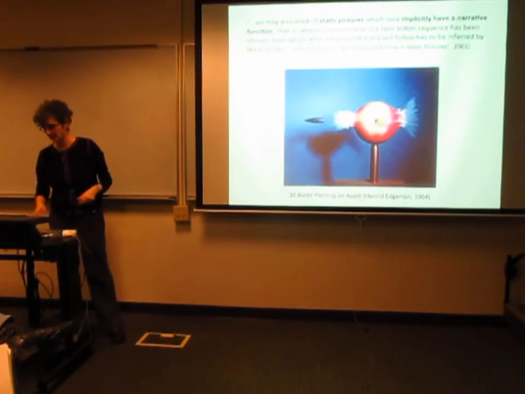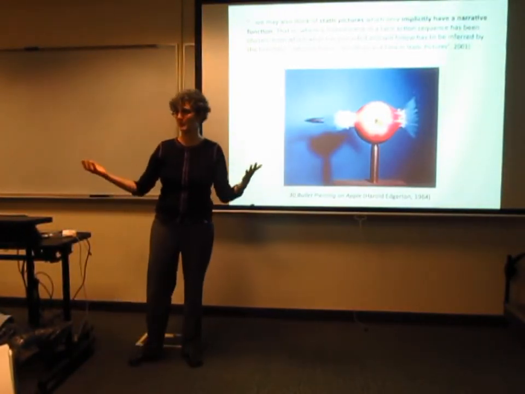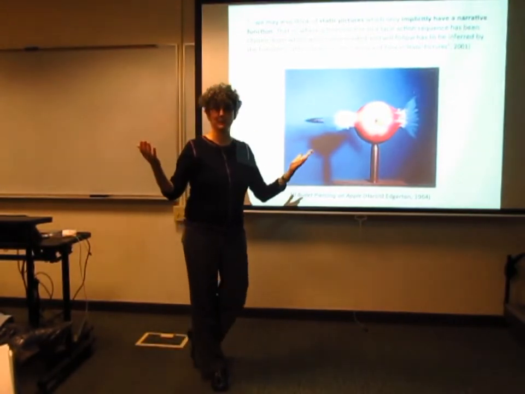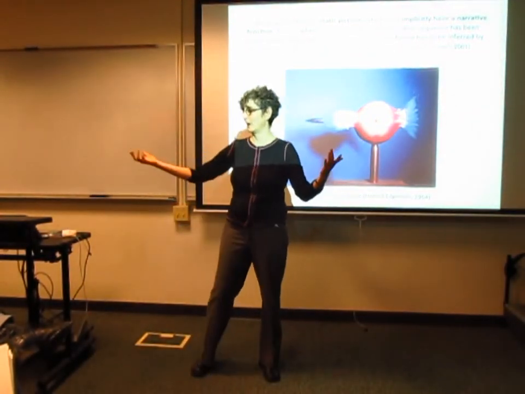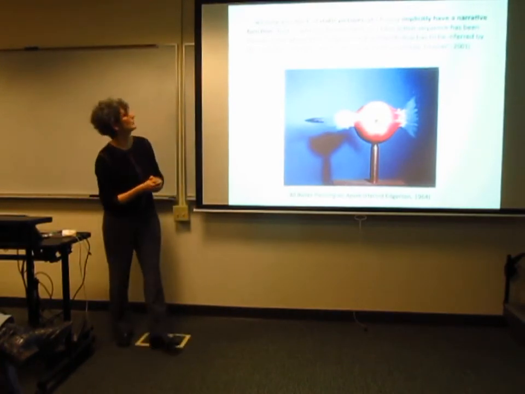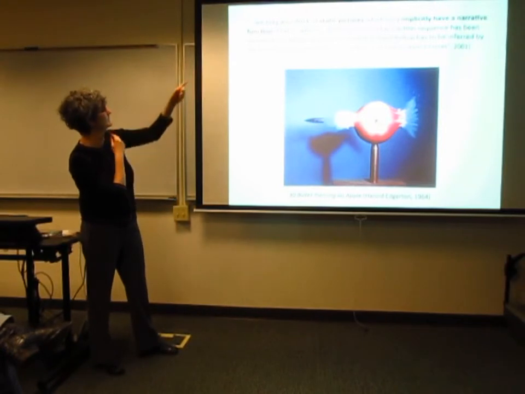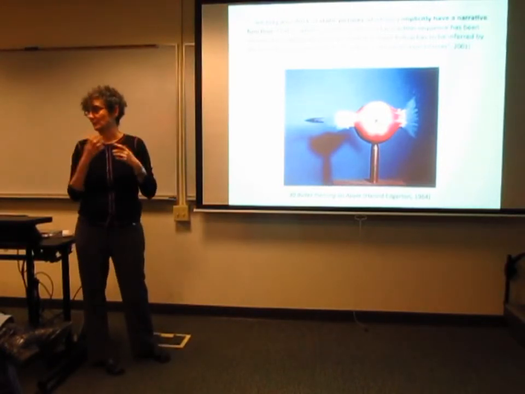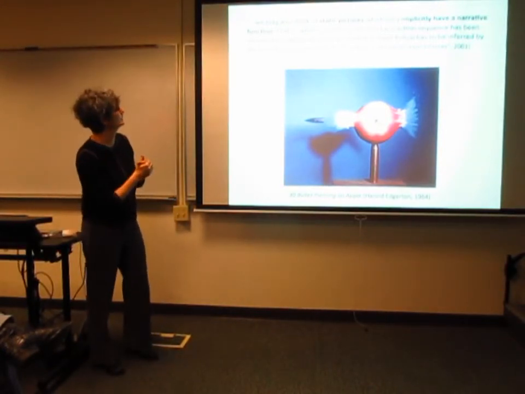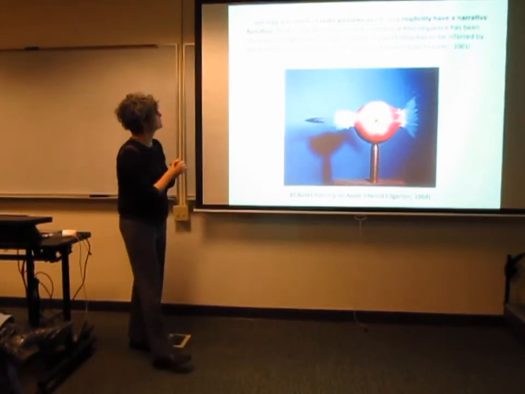Okay. The other thing in terms of time is that, of course, there's a narrative going on when you look at a diagram like I've been showing you guys, going from starting material to product through some intermediate or transition state. There's a narrative aspect to it. So this is, again, another philosopher, a philosopher of art or photography, talking about how static pictures implicitly have a narrative function, right?